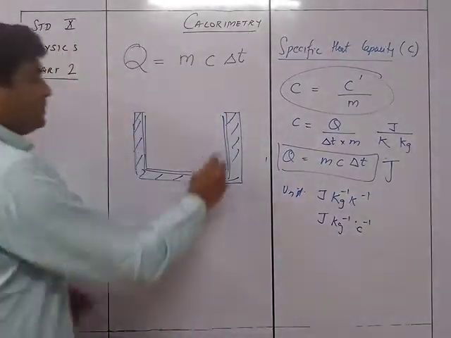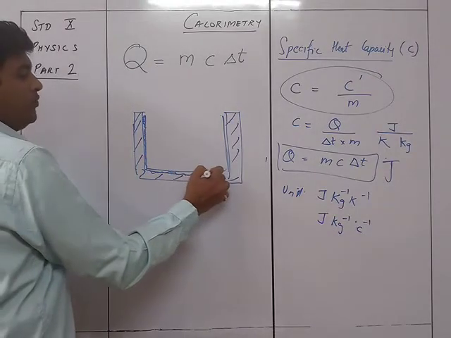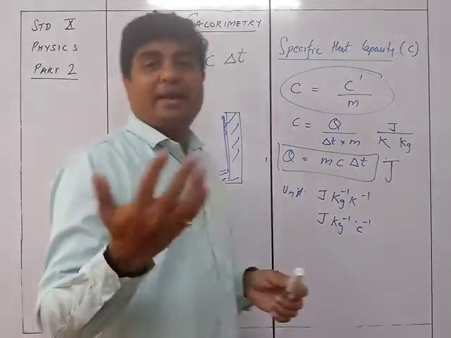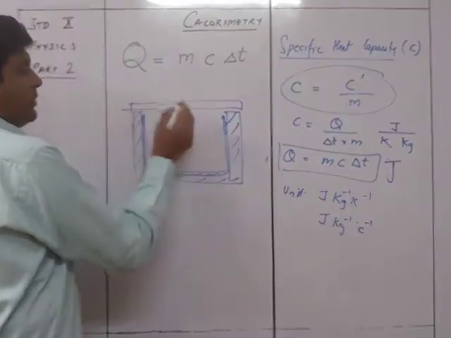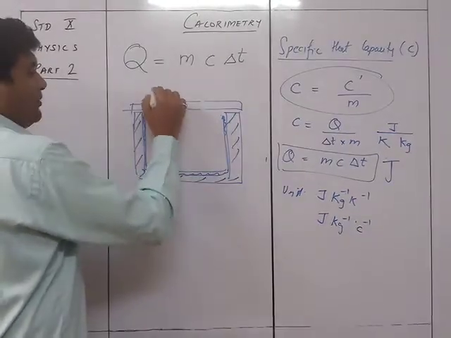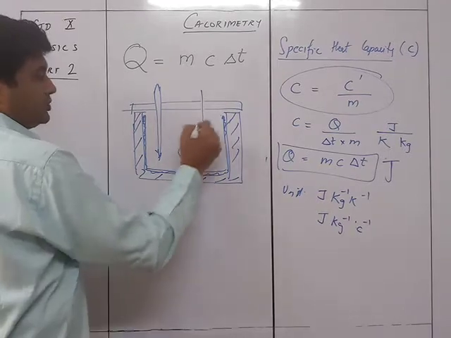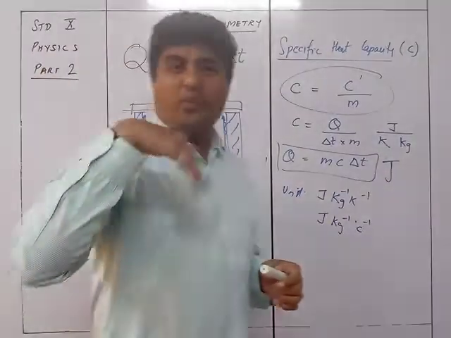This is made up of wood, and then this part over here is sealed with wool or cotton, which is a bad conductor, so that it does not allow conduction to take place. And on the top there is a lid, again made up of wood, which has two holes, one for a thermometer and another for a stirrer. The wooden lid will not allow convection to take place.